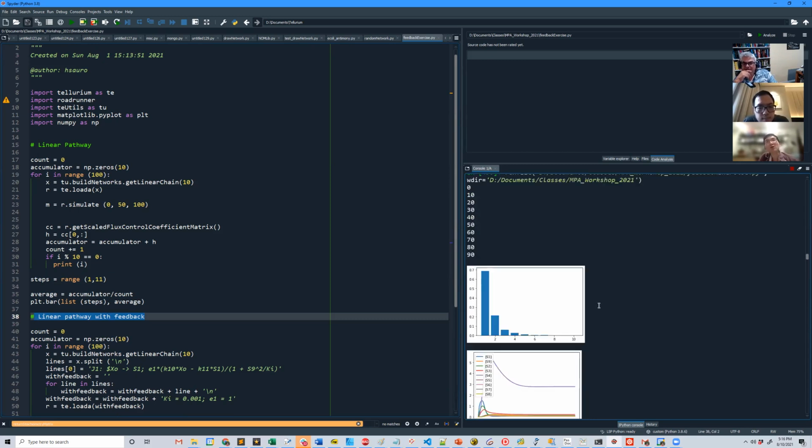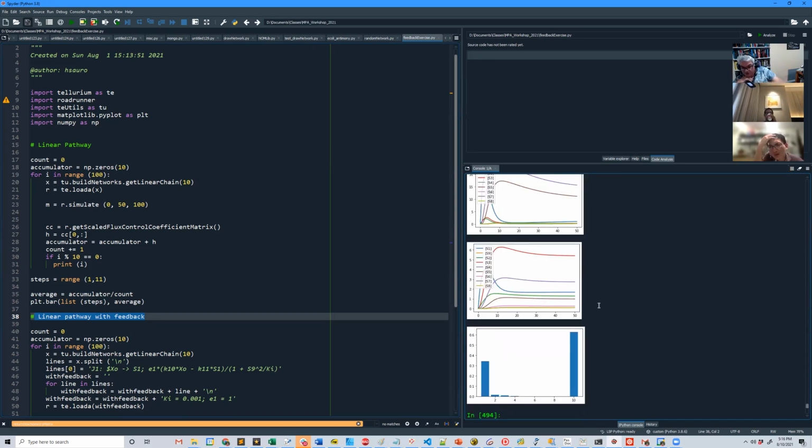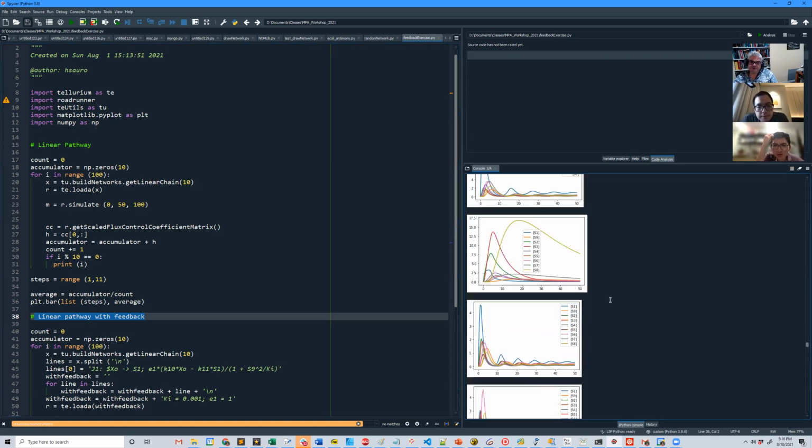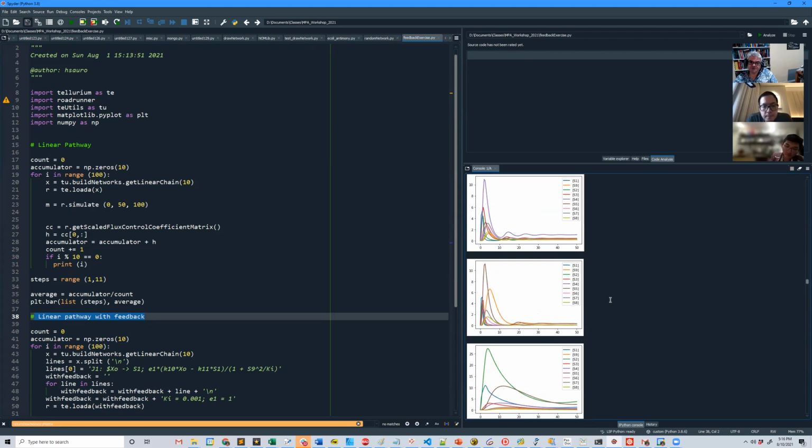Wait, so you averaged CJ1 with respect to E1? Yeah, with all the E1s for all 100 random networks. Then I computed the average for E2 for all 100 networks, then for E3.